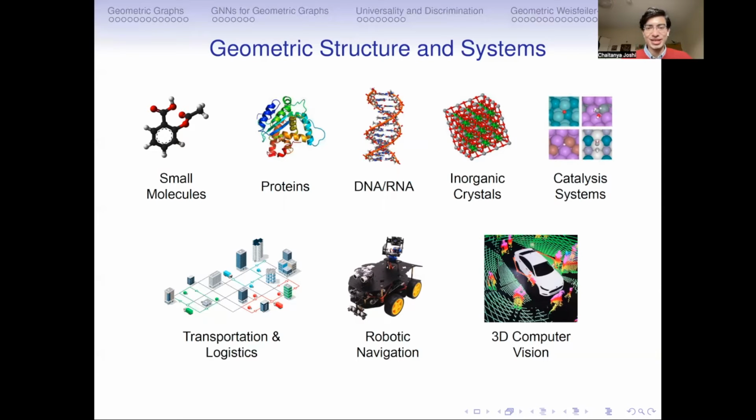So we are interested in biochemical systems ranging from small molecules to proteins and nucleic acids, as well as systems in material science, such as crystals or catalysis systems, all the way to engineering systems for smart cities, such as transportation networks or multi-agent robotics and navigation, or even 3D computer vision and perception. All these systems can be united under this framework of geometric graphs.